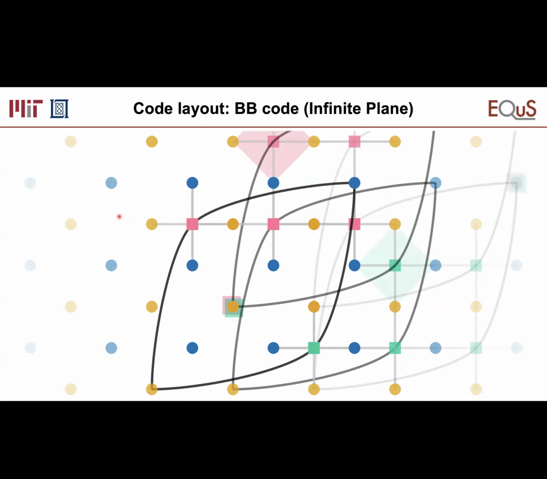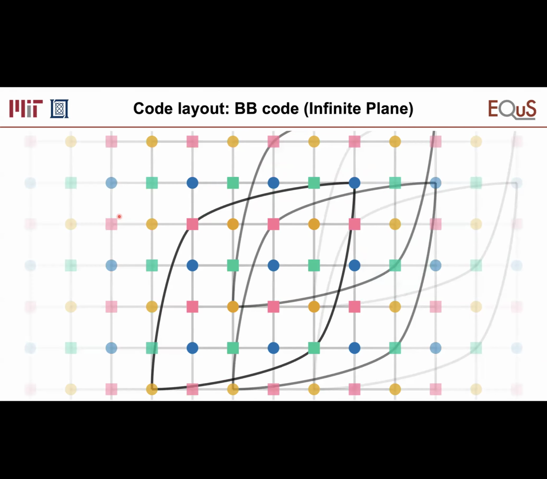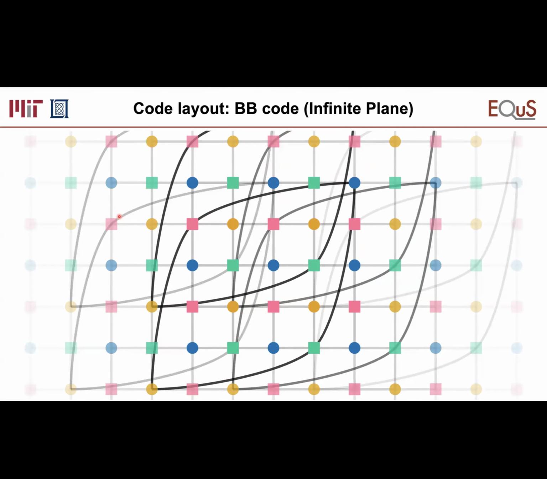It's a nearest neighbor lattice, so we maybe know how to do that. But on top of that, you now have these long-range couplers that connect every check qubit to 2 distant data qubits, and we're tiling the entire plane using these checks. I've only drawn a small subset of what fits in here, but this is the idea of what IBM wants to build.